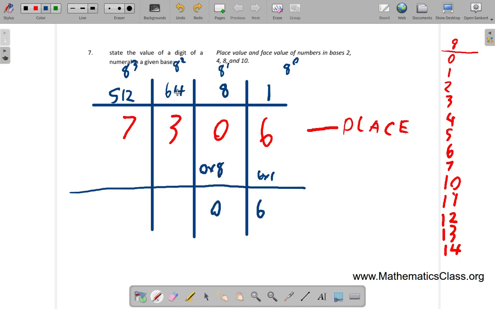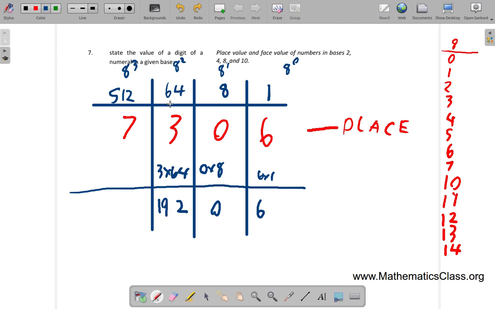How many 64s do you have here? 3 by 64. 3 times 4 is 12. 3 times 6 is 18 and 1 is 19. Alright.